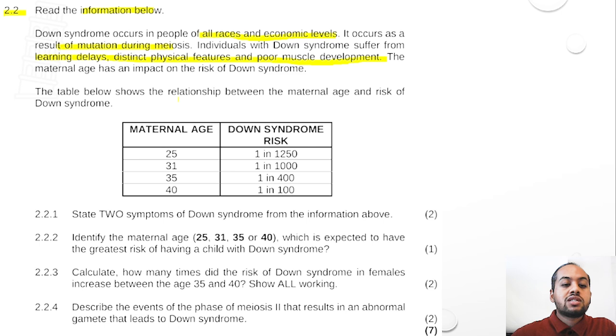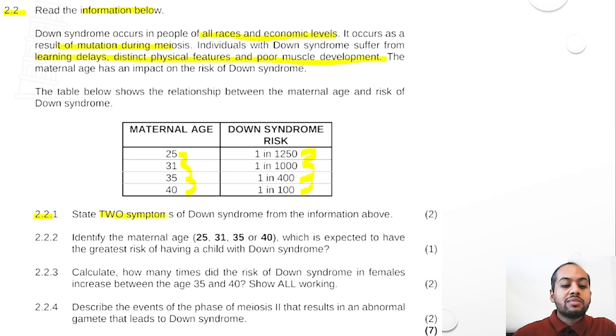The table below shows the relationship between the maternal age and risk of Down syndrome. You have your maternal age 25, 31, 35 and 40, and you have your Down syndrome risk: 1 in 1250, 1 in 1000, 1 in 400 and 1 in 100.